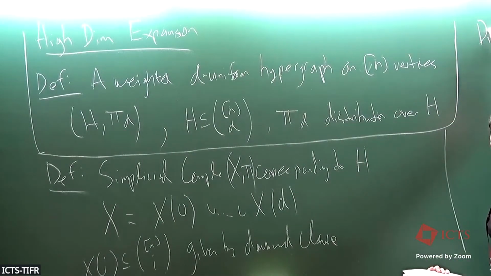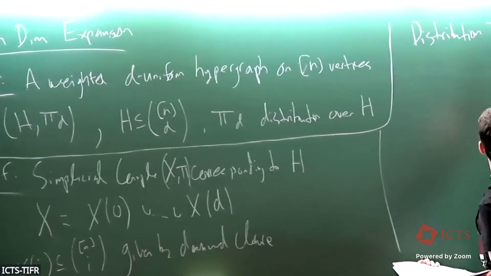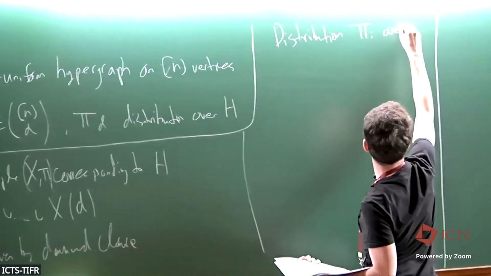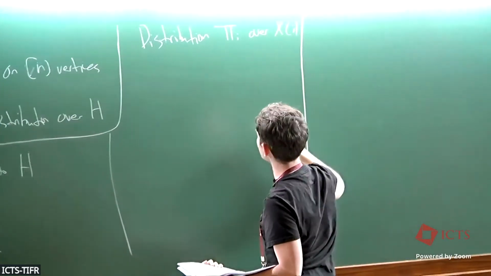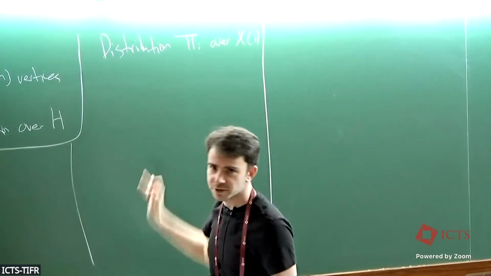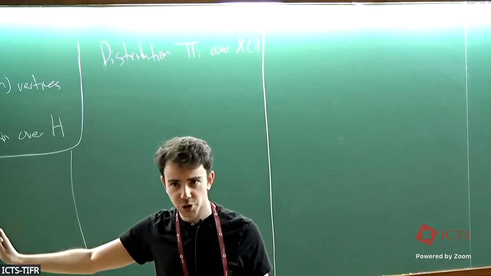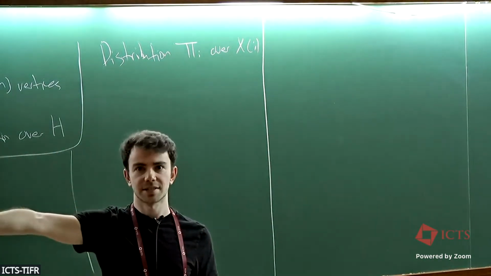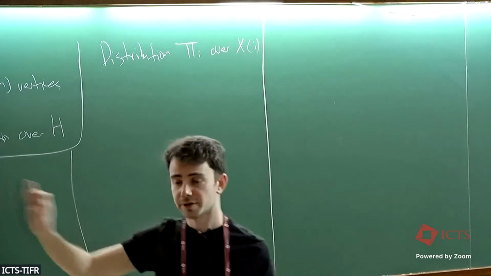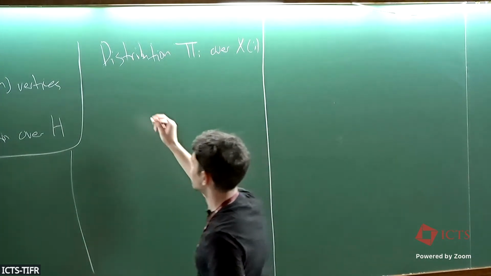So the corresponding distributions pi i over X_i, which is what we're going to use to define inner products and things being adjoint, naturally generalize the things we did over in the graph case, is by the sampling process.